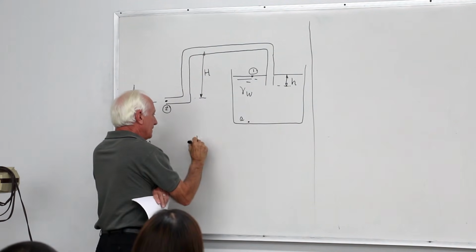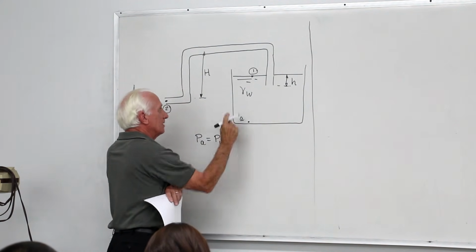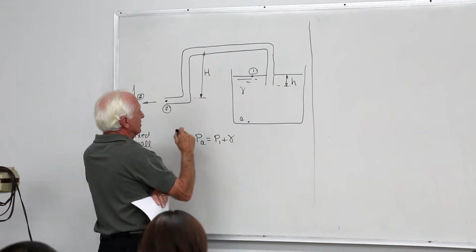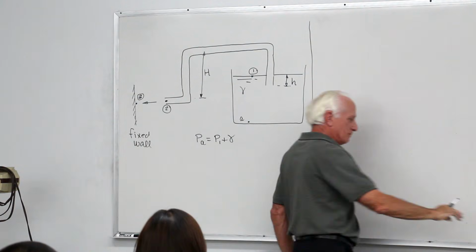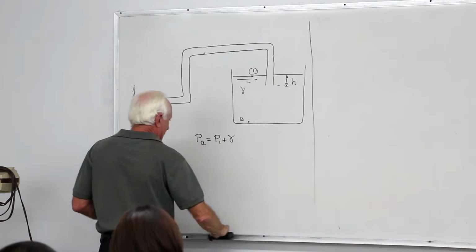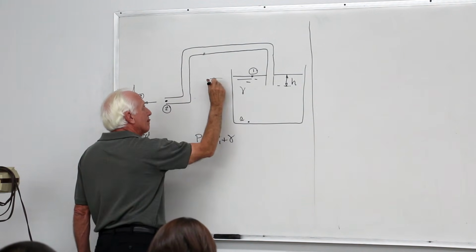Okay. PA equals P1 plus gamma times the distance h. I'm going to change that because I think it's better this way with the capital H up there. I might need to add more of this later, but I'll see.